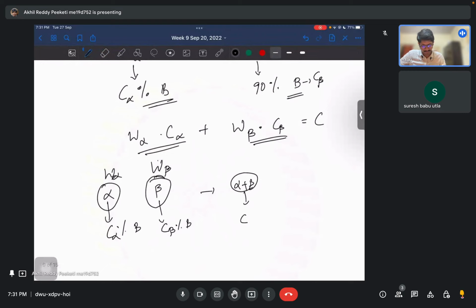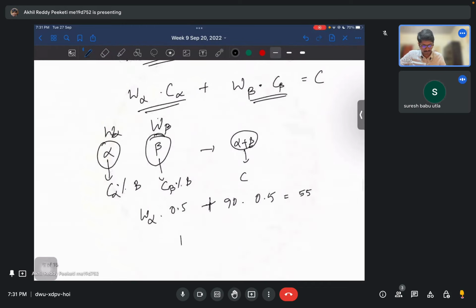So here we need to find W alpha. C alpha is 0.5, W beta is 90, and C beta is also 0.5. Its total is 55. So for W alpha you can write 0.5, 0.5, right? I am multiplying everything with 2. So 110 minus 90, so 20.